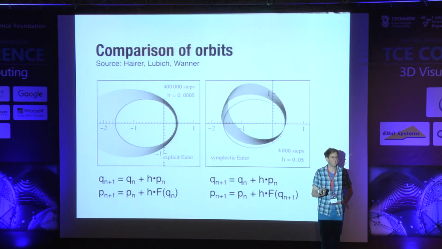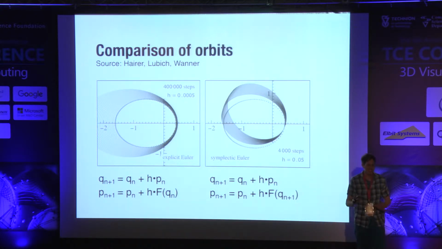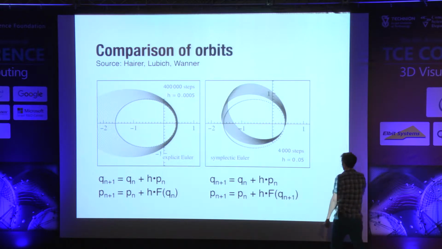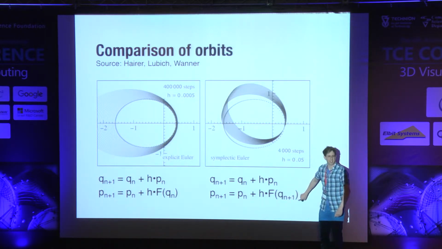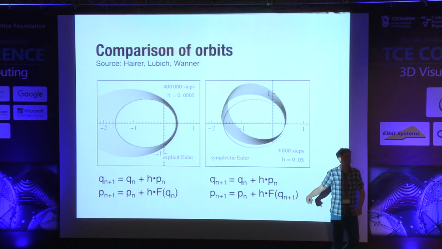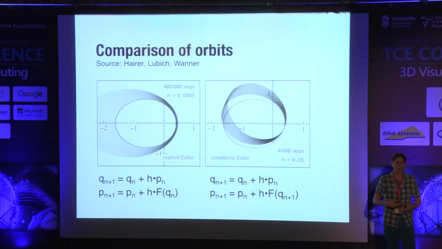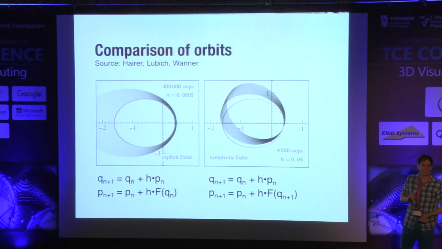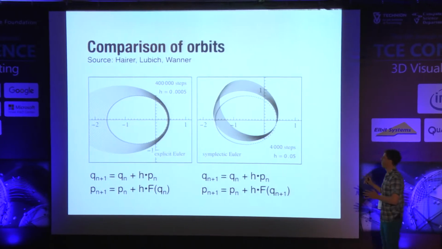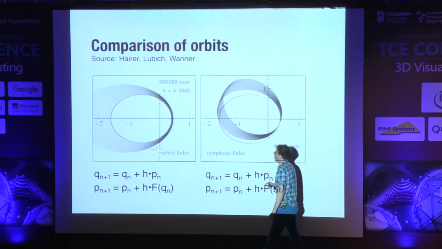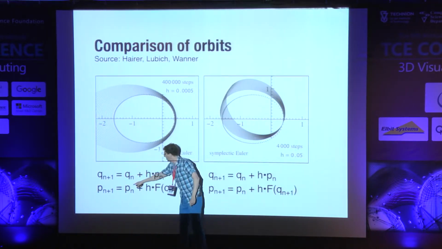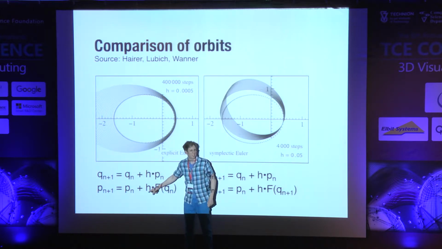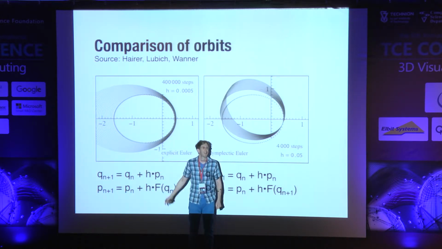And you say, oh, I don't like this, because if I have to update the velocity based on the new position, this looks like an implicit system. I have to stick it into a linear solver as opposed to just evaluating it. But actually, no, if you really look at this, they're both explicit. Everything on the right-hand side here depends on n. So everything on the right-hand side is known.